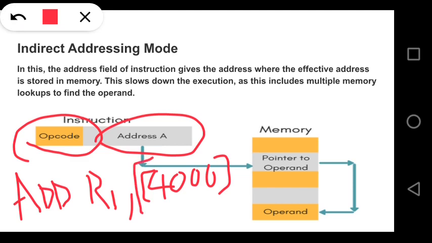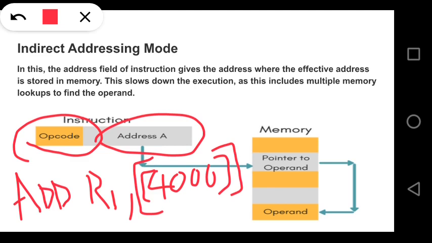Since it is the indirect addressing mode, add two brackets. So with this, what happens? It is the notation specified in the instruction, but you will differentiate the direct and indirect addressing mode by using the addressing mode bits.